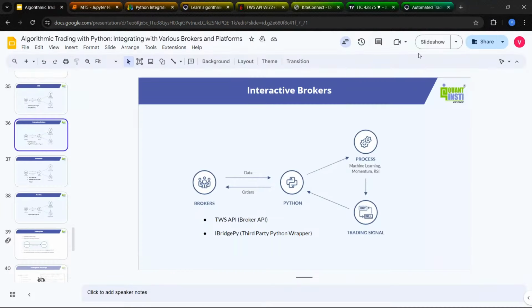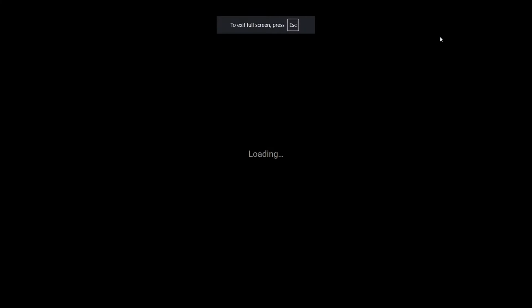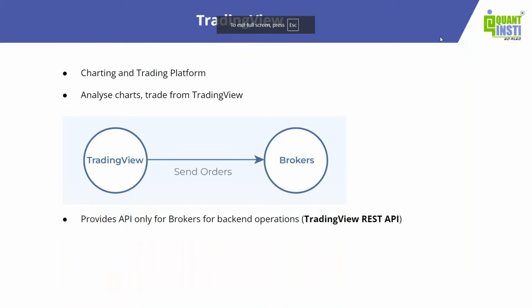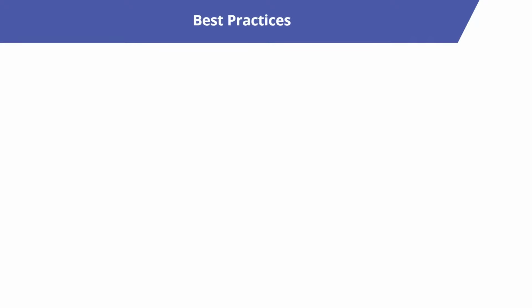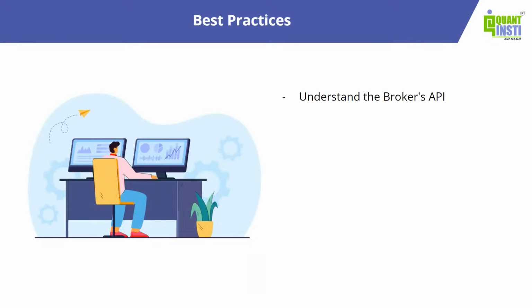But let's move to the best practices now. Now that we understood all the ways to automate for different brokers and platforms, let's see the general best practices which you need to keep in mind. The very first one is understanding the broker's API. This is important.